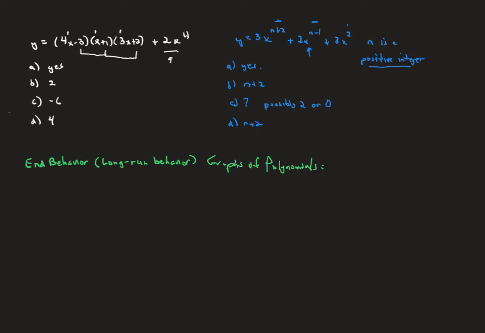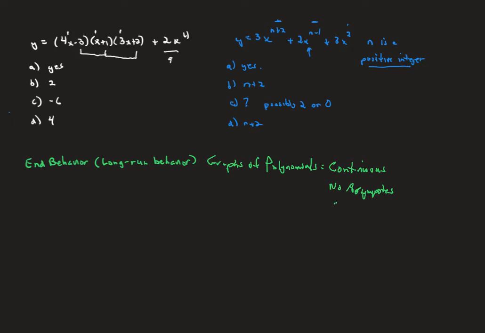That is, they are always going to be continuous. That is, you can draw the graph of a polynomial without lifting your pencil from the paper. There aren't going to be any asymptotes. That is, there won't be vertical or horizontal asymptotes. So that's kind of a nice property to have.